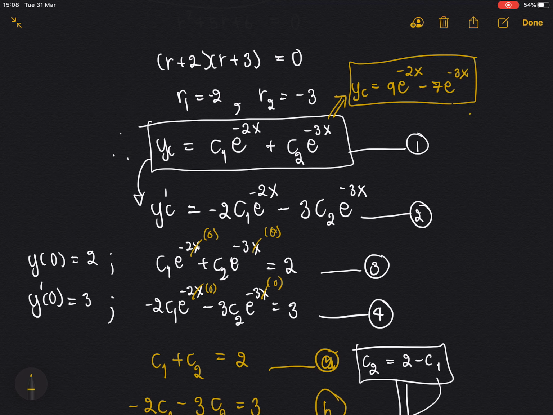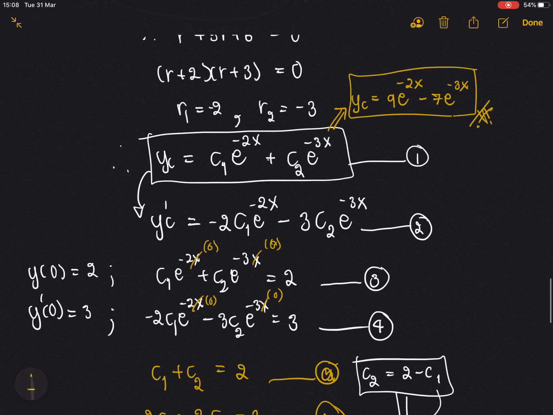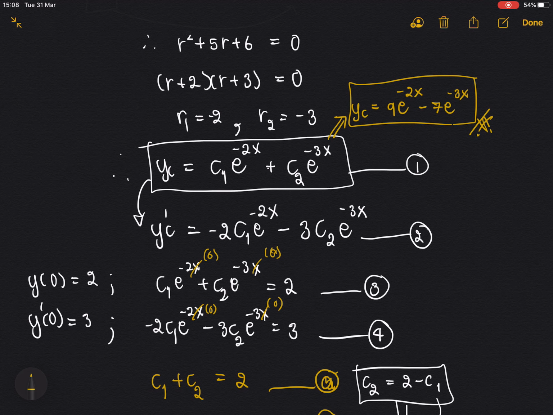So that is the solution for the second order homogeneous equation when you are given two different initial conditions, and then the two values of the constants will be determined, right?